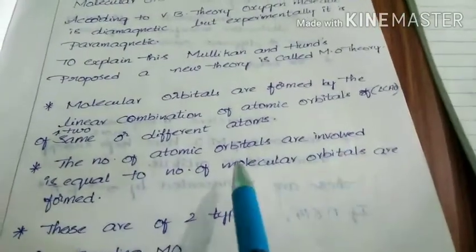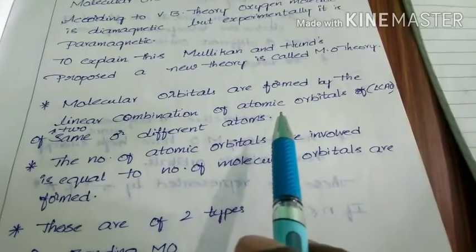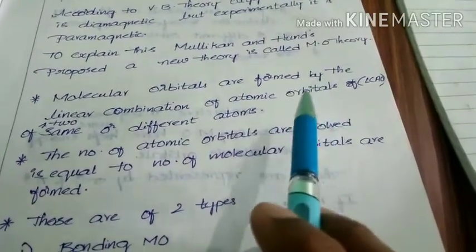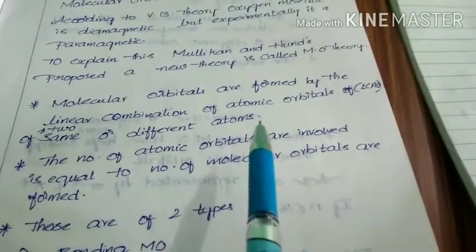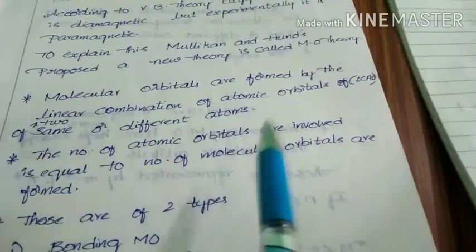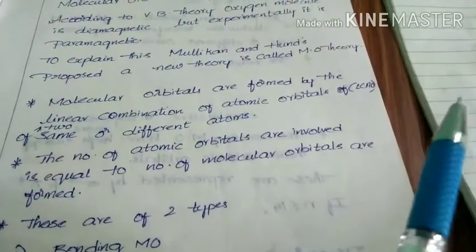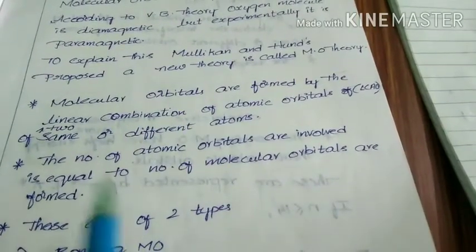This is an important point. Linear combination of atomic orbitals means the orbitals should have the same or nearly the same energy, and the orbitals should have the same proper orientation. That is called linear combination.